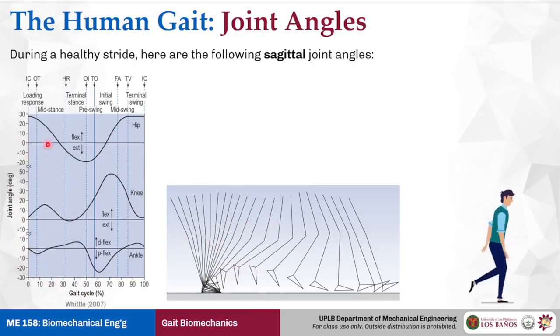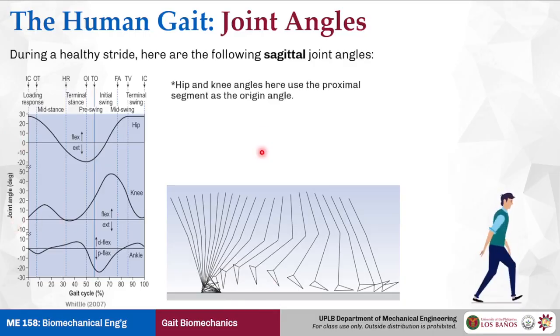You have the angle for the hip, the angle for the knee, and the angle for the ankle. So you might ask, what is zero for a hip angle? What is zero for a knee angle? For disclosure, the hip and knee angles have their origin using the proximal segment. What is the proximal connection of the upper leg? Your upper leg is connected to your abdomen.